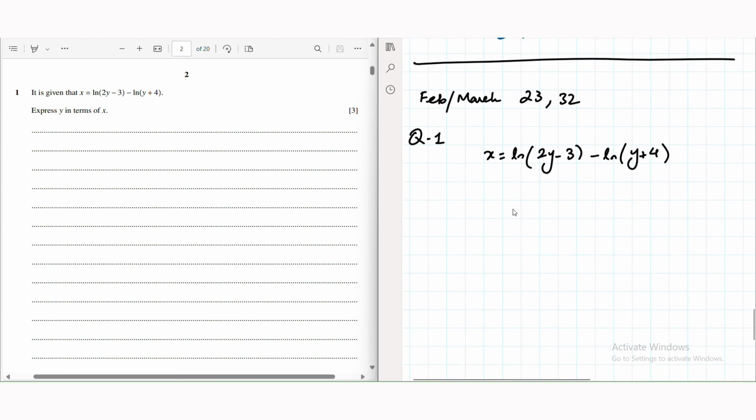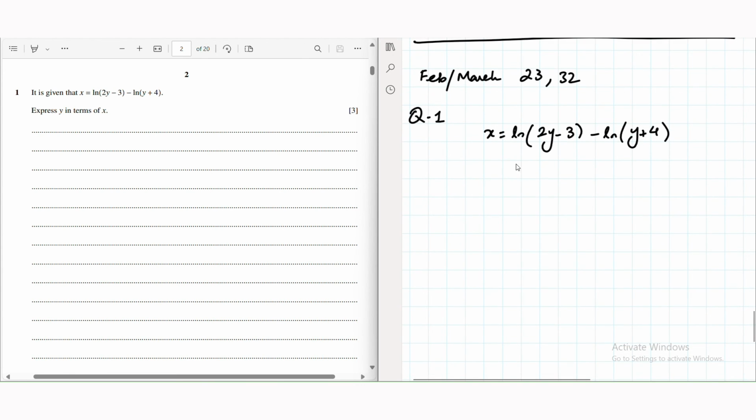First off, we would simplify the expression on the right with the help of the rules of logarithms. So we can rewrite it as ln of (2y minus 3) over (y plus 4) equals x. Then we reverse the ln, e raised to power x.